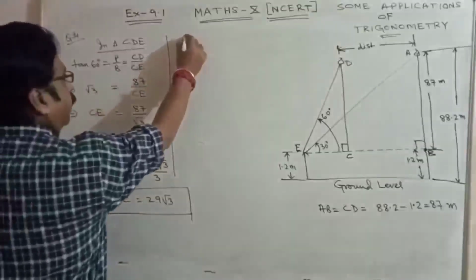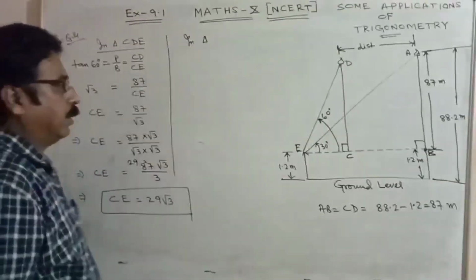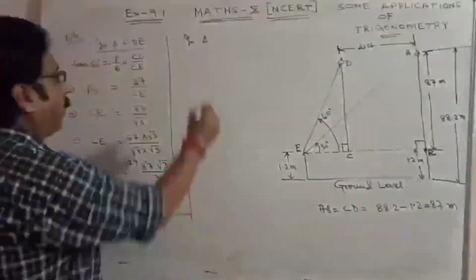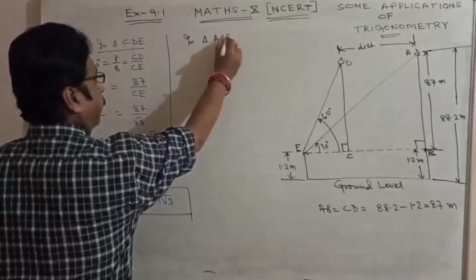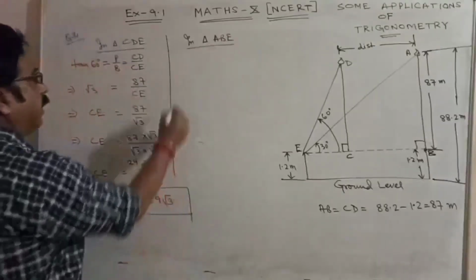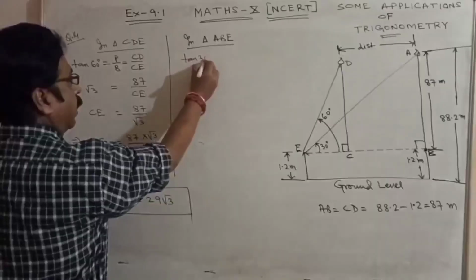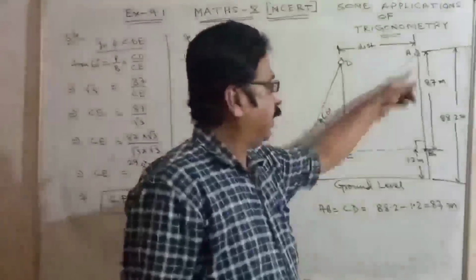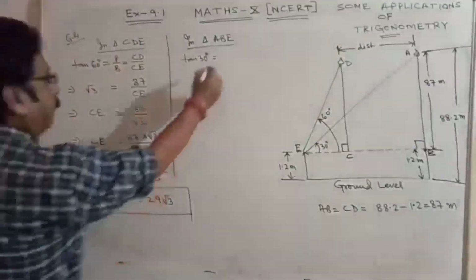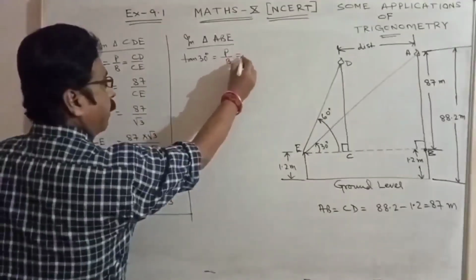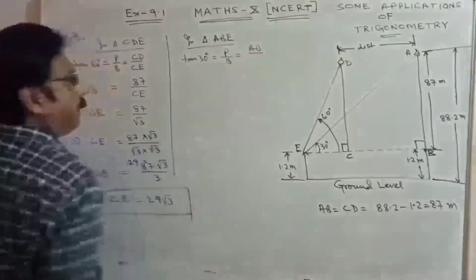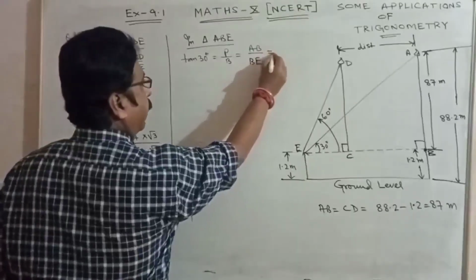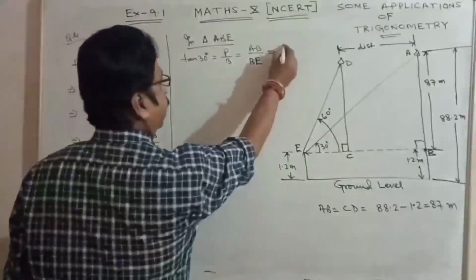Now in triangle ABE, tan 30 degree. Tan 30 means this is 30 degree, the opposite side is AB, that is the perpendicular, upon base BE. AB is known, 87.